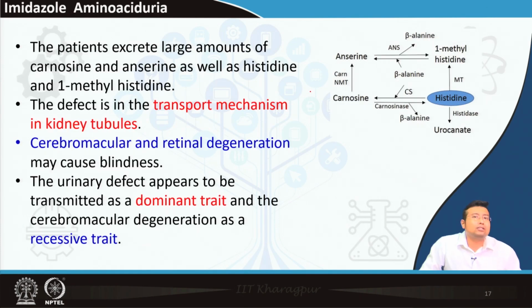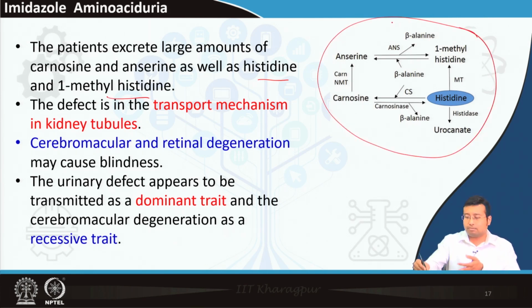Now, imidazole aminoaciduria. What is imidazole aminoaciduria? It is a defect in the renal transport mechanism. So these amino acids and their products, its dipeptides, are excreted in large amounts, that is histidine and 1-methyl histidine. We already read this reaction a while back.